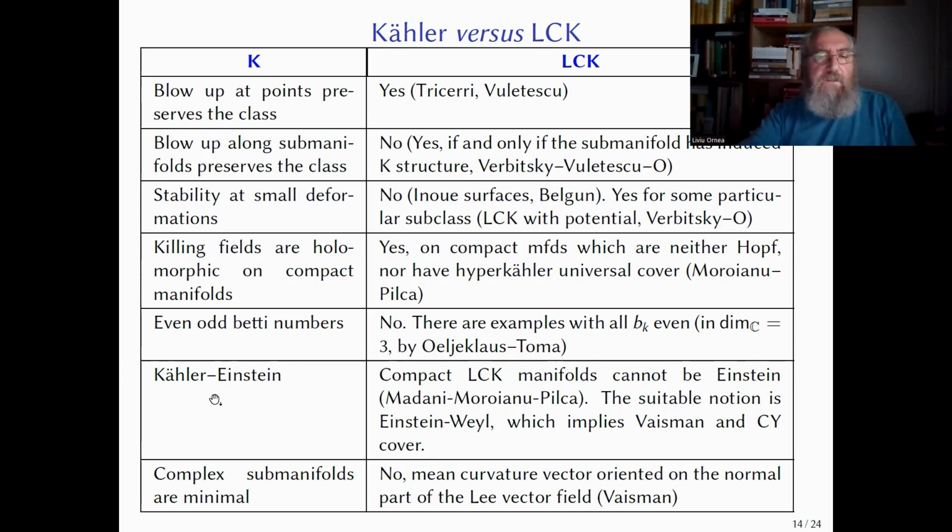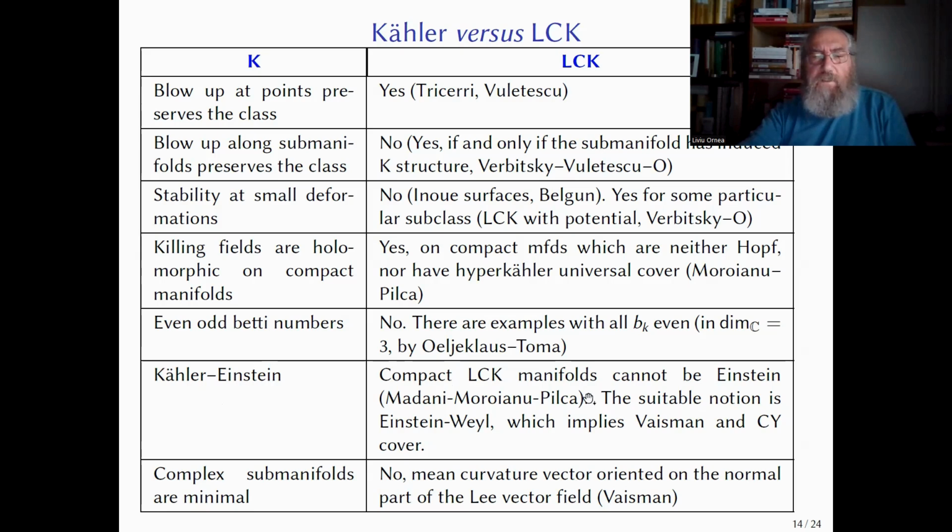As regards the Kähler-Einstein and the extremal metrics business, in the LCK case, it is this very powerful theorem by Madani, Moroianu, and Pilka that they cannot be Einstein. That's a very difficult proof, very involved.